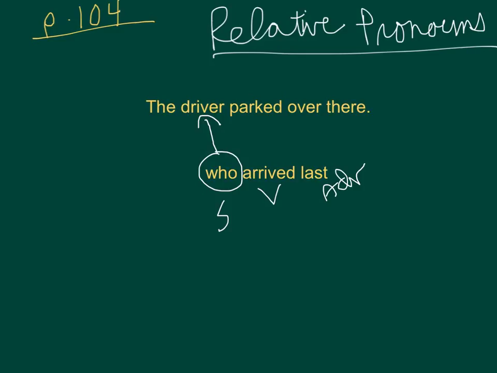And you can see that this little group of words here, who arrived last, is telling us about which driver, so it's going to be put right in the middle of the sentence: the driver who arrived last parked over there. So relative pronouns, for this point, you need to look at that list and just make sure you understand that they are going to relate a small group of words to the larger sentence. The relative pronoun.